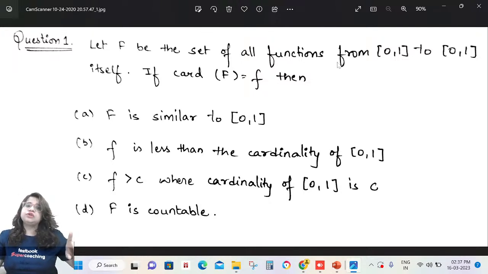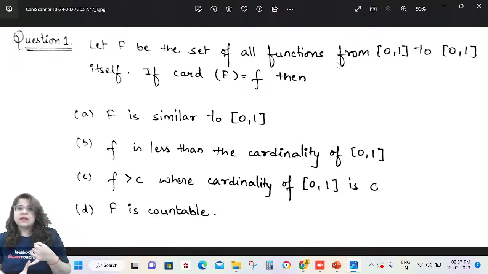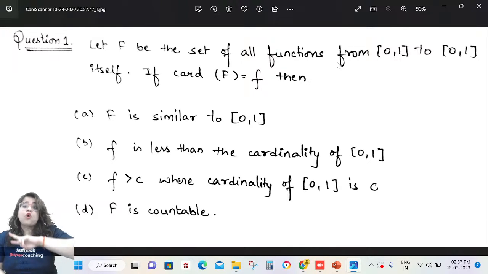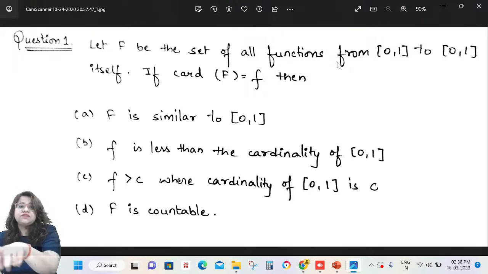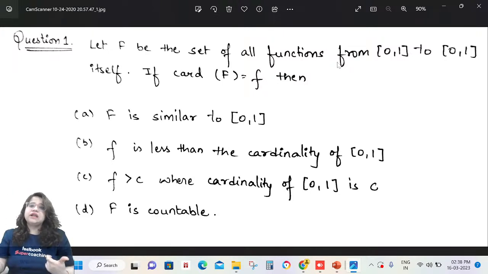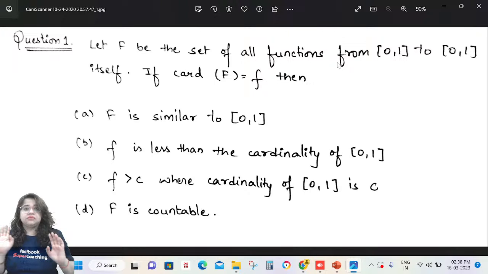The set of functions from [0,1] to [0,1] is going to give me a cardinality with the help of transfinite numbers. The set of all functions from the closed interval to the closed interval is continuum to the power continuum, because the cardinality of [0,1] is continuum and the cardinality of the codomain [0,1] is again continuum. So this takes us to the cardinality of [0,1] raised to the power of the cardinality of [0,1], which is continuum to the power continuum, which is always greater than the continuum, isn't it?